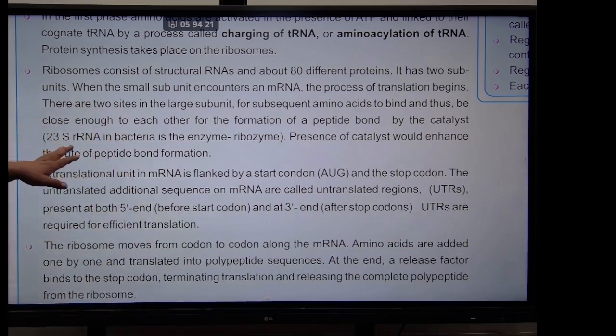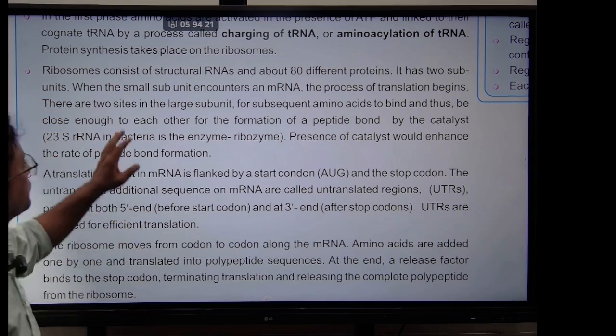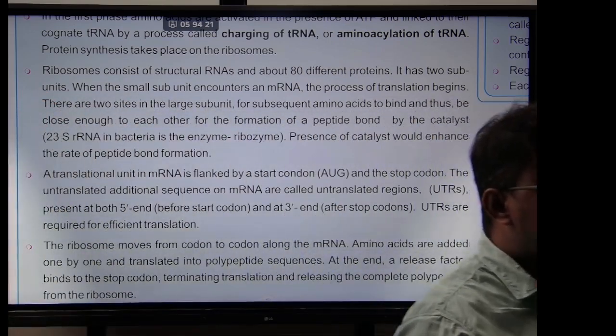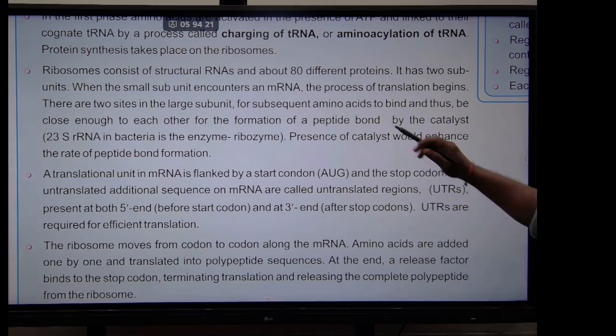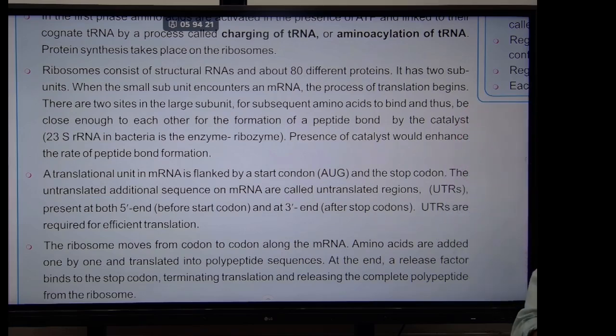When the small subunit encounters mRNA, the process of translation begins. So, what happens here is the mRNA that has been synthesized in the nucleus comes out and binds with the smaller subunit of the ribosome, and immediately the larger subunit binds to it.